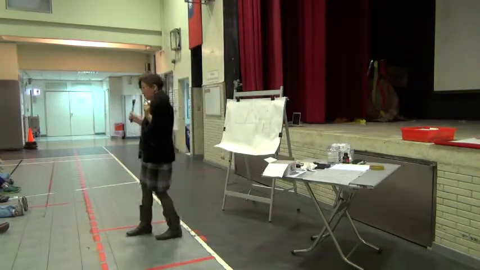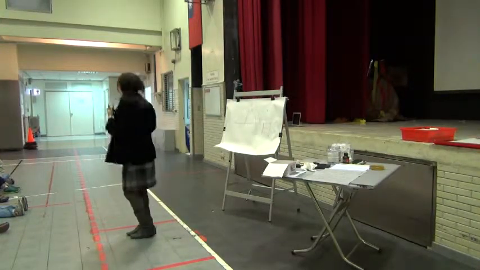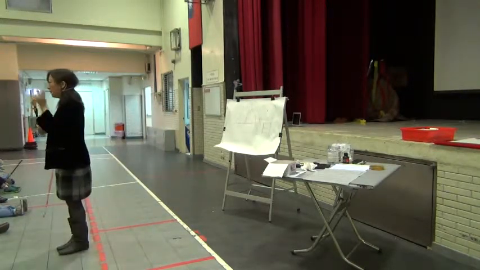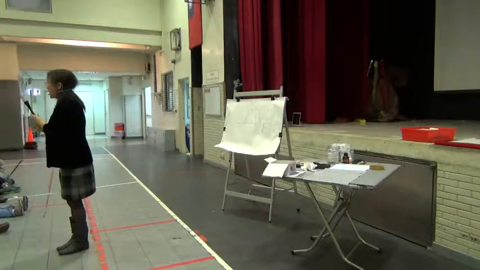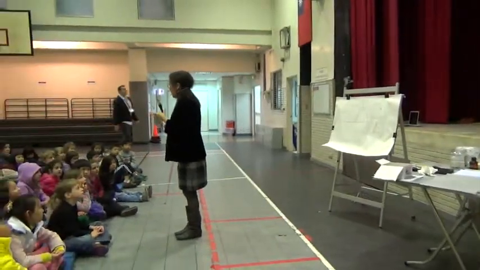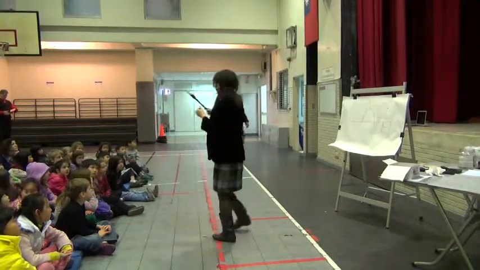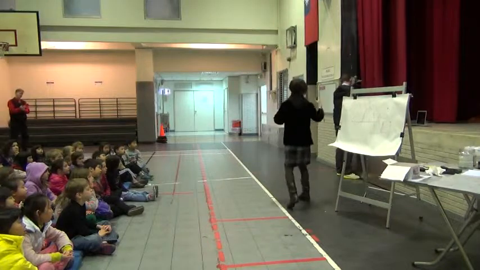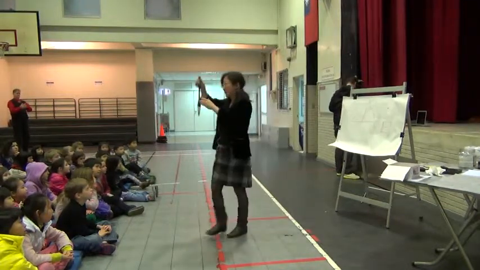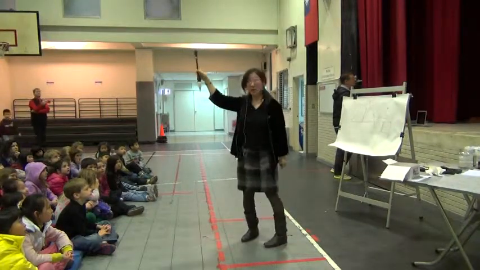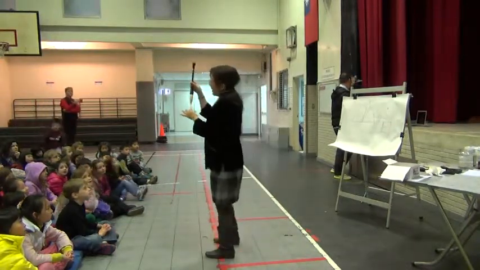So that's the characters. So I'm going to show you very briefly how calligraphy goes, okay? The calligraphy in the old days, as you can see, this is a really big brush, okay?